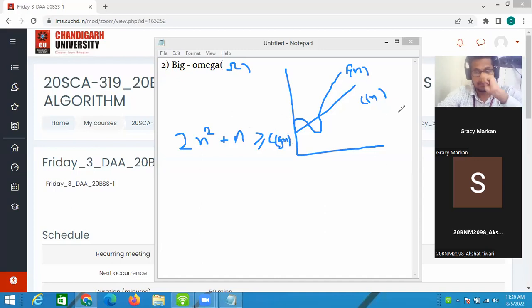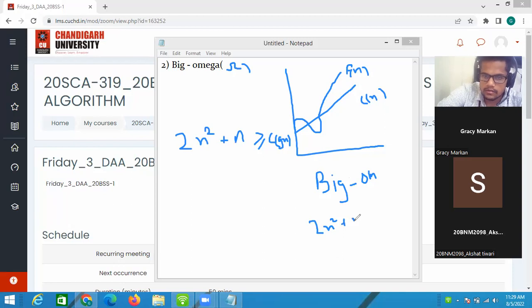Cgn. So in the previous big O, we have 2n square plus n less than or equal to Cn square, right? This is the condition. At what time is this condition going to be true?